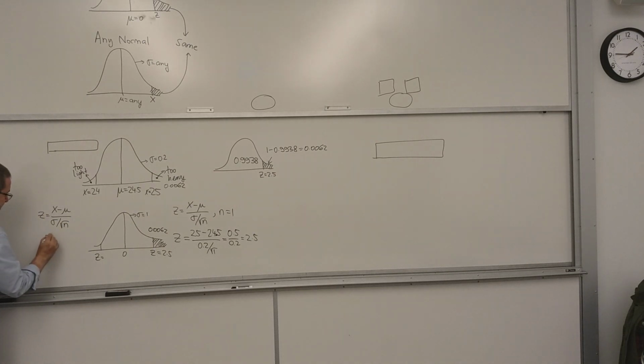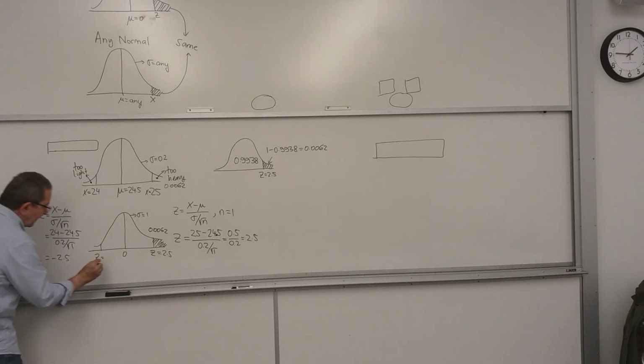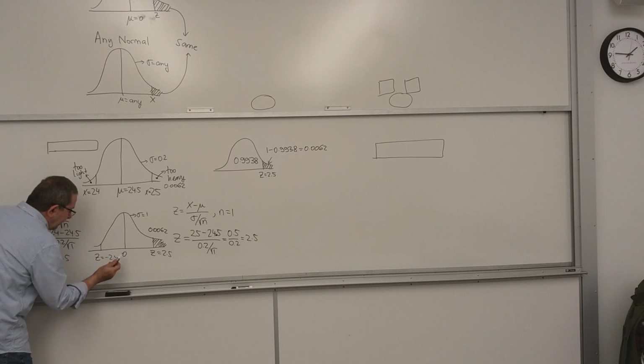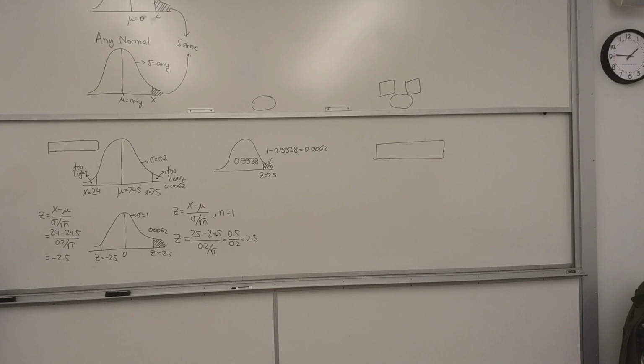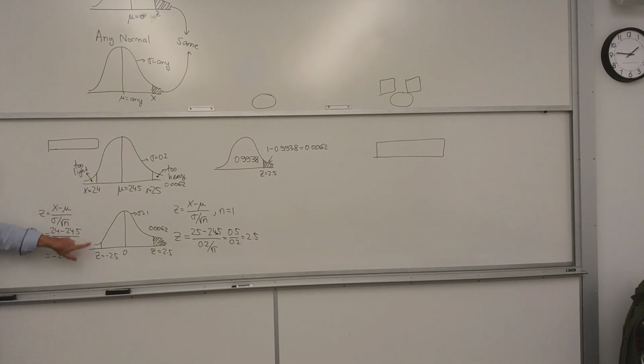So this is going to be 24 minus 24.5 divided by 0.2 divided by square root of 1, and this is going to be minus 2.5. So the z value that corresponds to x equals 24 is minus 2.5.